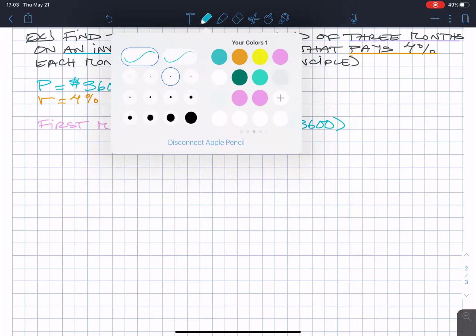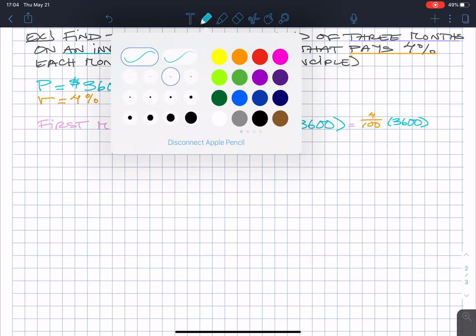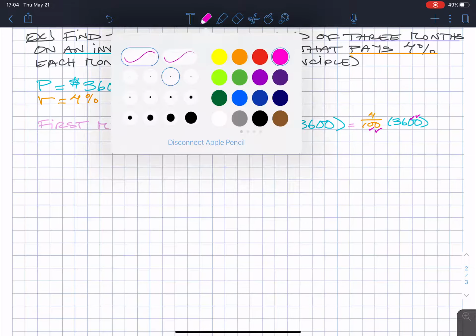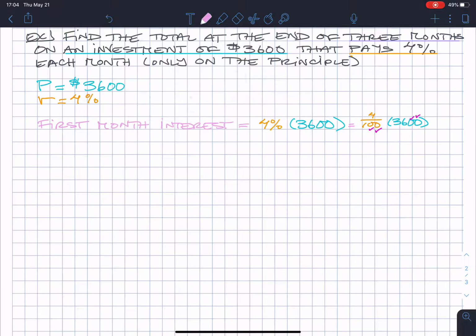That's 4 over 100 times 3,600. So the zeros reduce, and 4 times 36. Well, what is 4 times 30? That's 120. What's 4 times 6? That's 24. So that's going to be $144.